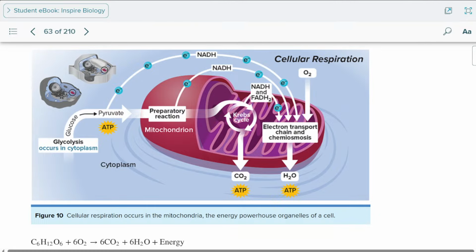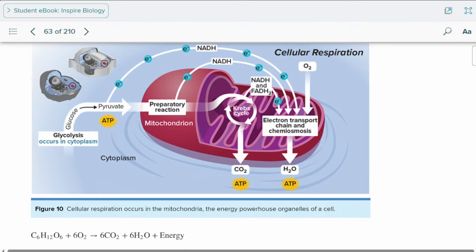That generates ATP, which we're going to use later in the electron transport chain, also known as chemiosmosis. When it turns into pyruvate, it's able to enter the mitochondrion. That's when we get to the preparatory reaction, which I'm hopefully going to explain in a bit.